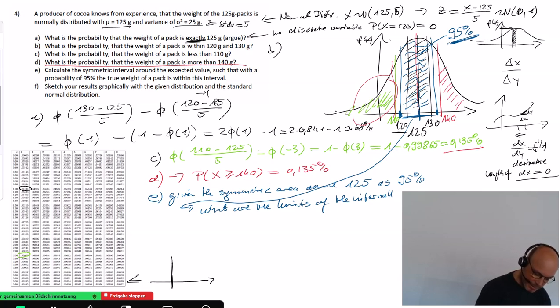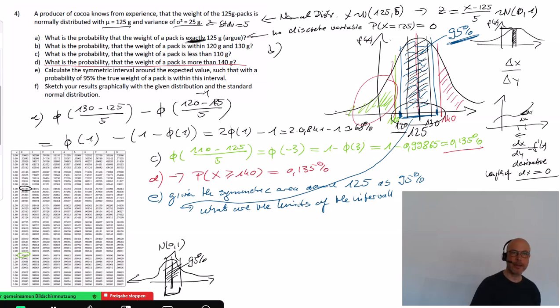And there we can translate this question again into the standard normal distribution, and ask what are the limits of these two when the area here is 95%.